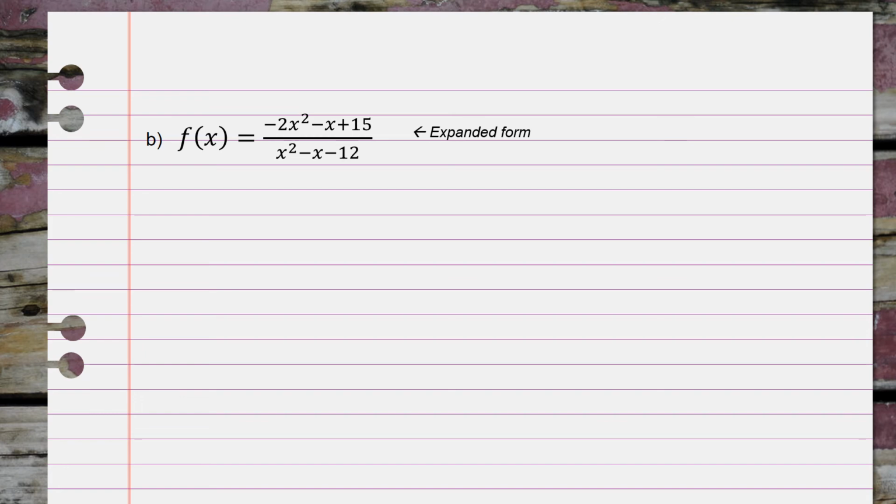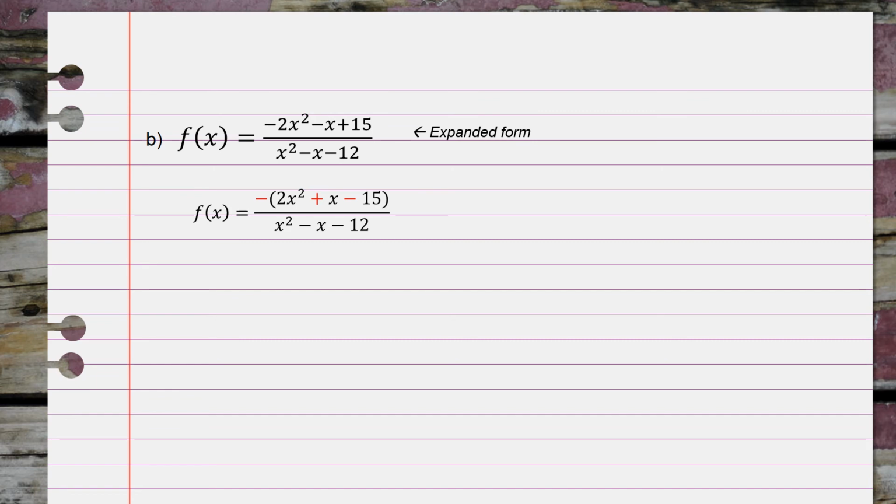But there's something you may notice about the numerator. In this case, our leading term starts with a negative. Generally, we don't like it to be a negative, so our first thing is we are going to factor out a negative, or a -1. When you factor out a negative from the numerator, it changes all the signs.